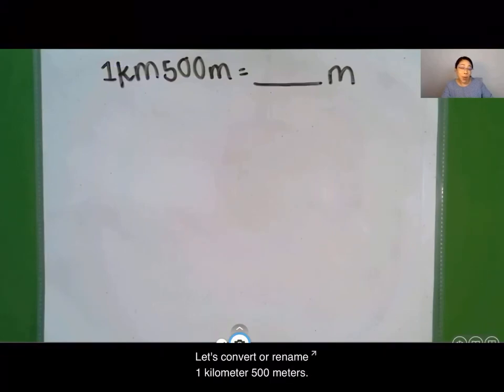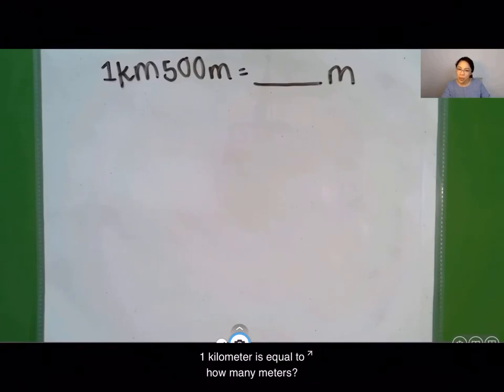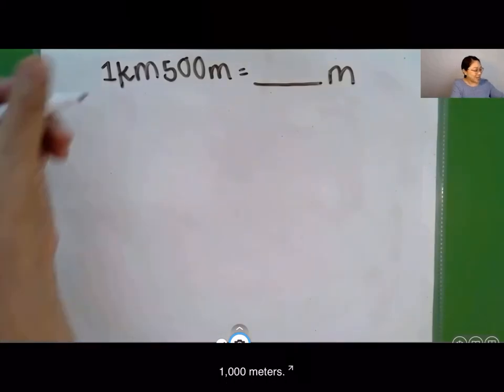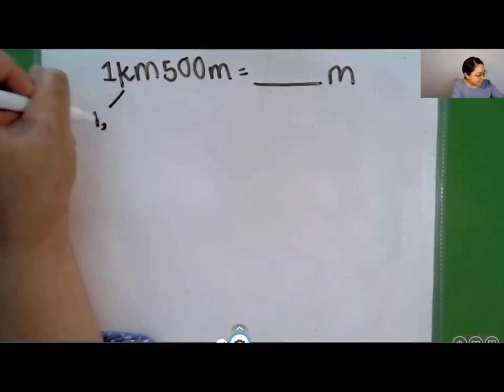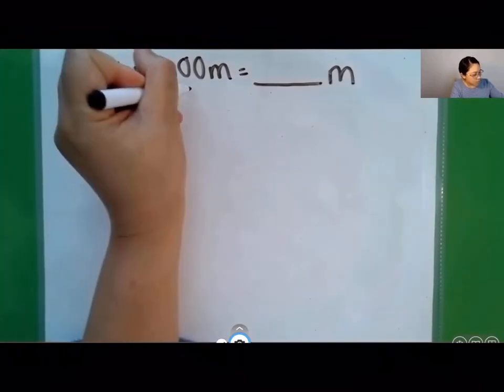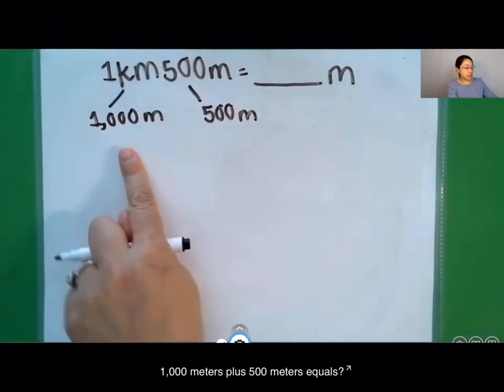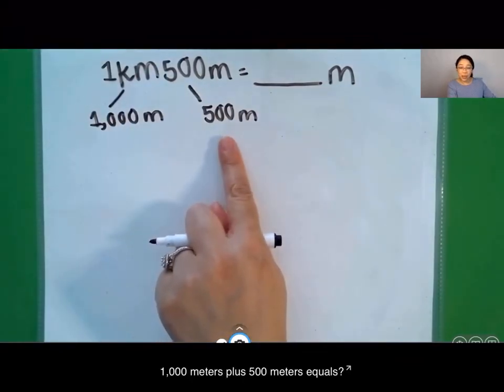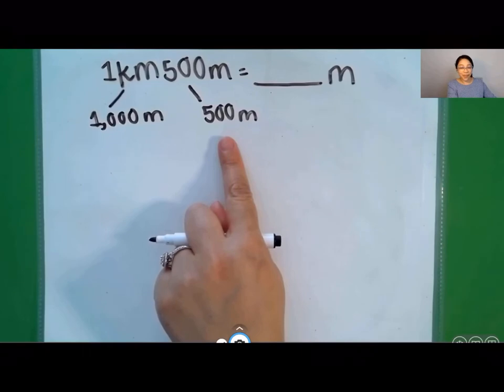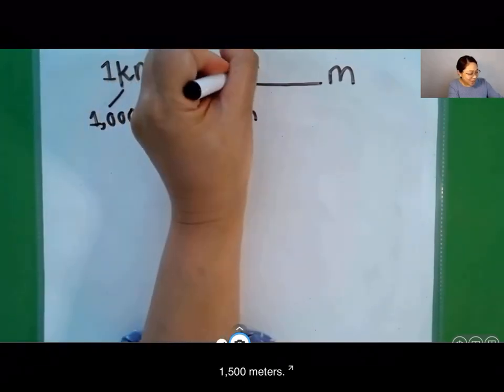Let's convert or rename 1 kilometer 500 meters. 1 kilometer is equal to how many meters? 1,000 meters. 1,000 meters plus 500 meters equals 1,500 meters.